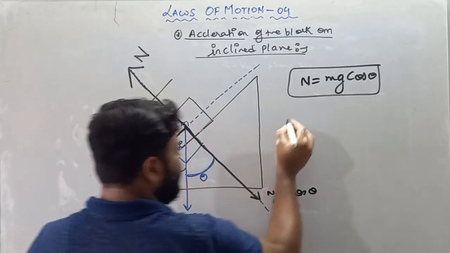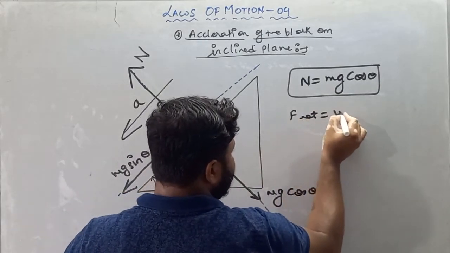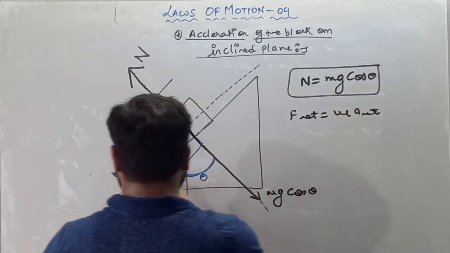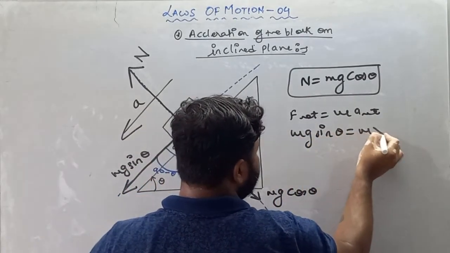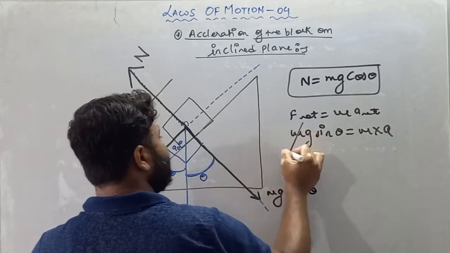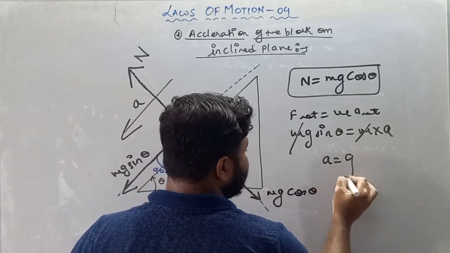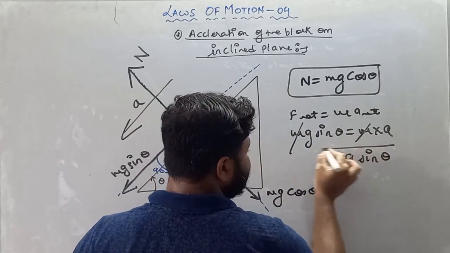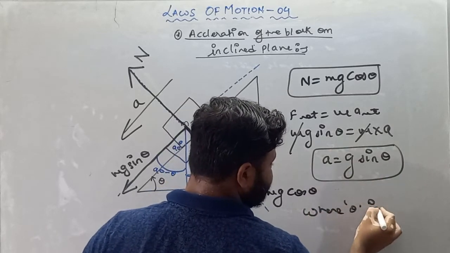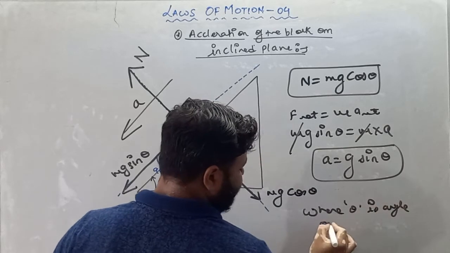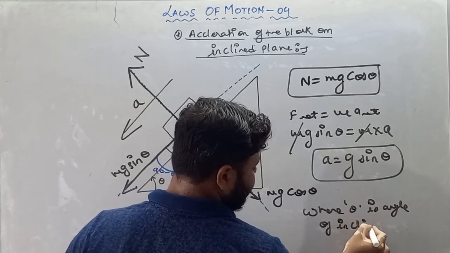So apply F net equals m a net. It means F net is mg sin theta, which equals m into a. So m gets cancelled. So acceleration must be equal to g sin theta, where theta is the angle of inclined plane, my dear student.